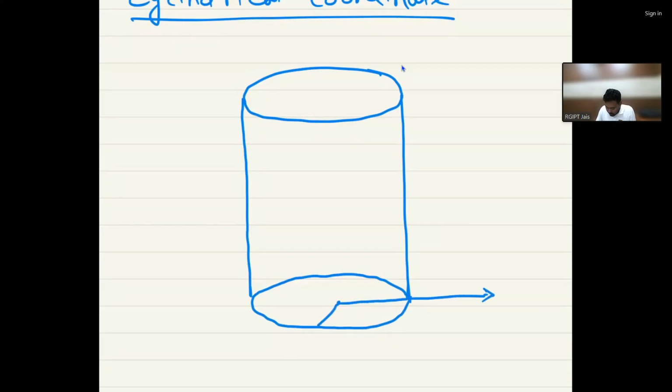This will be your Cartesian system x, y, and z. This is the normal Cartesian coordinate system.